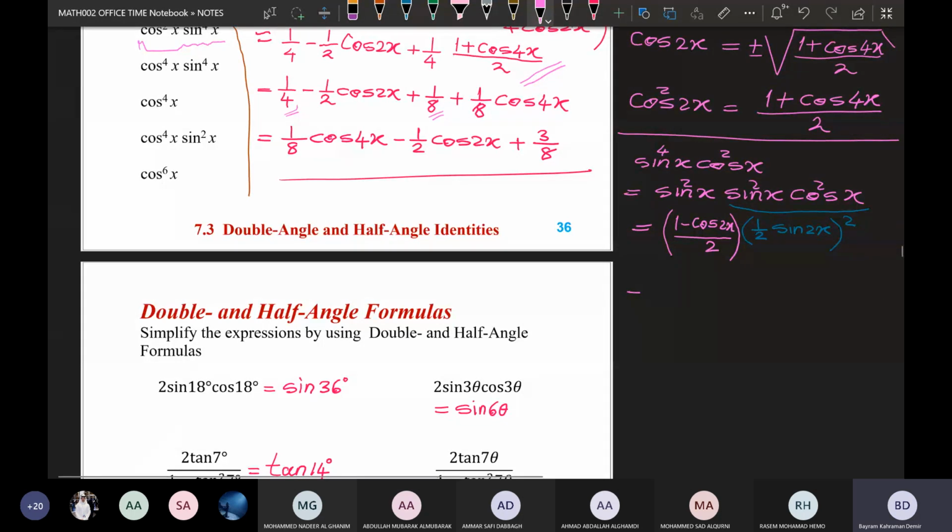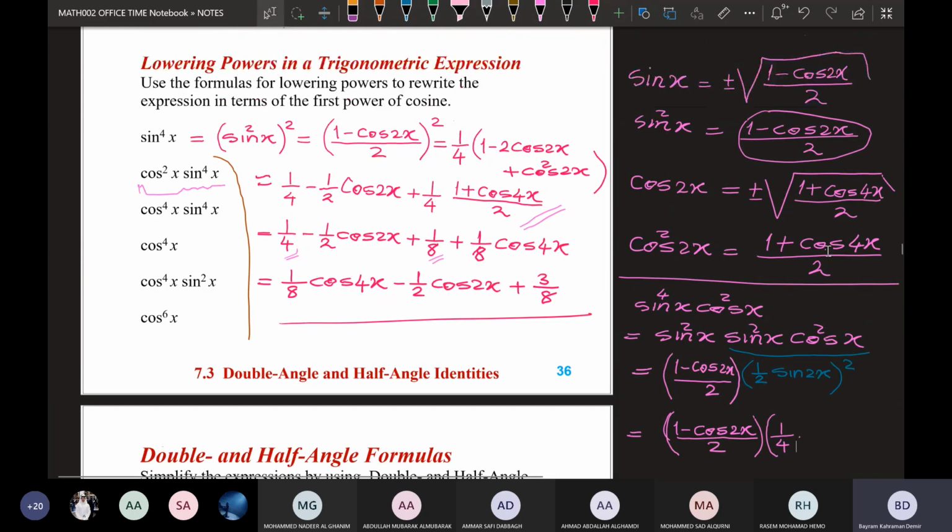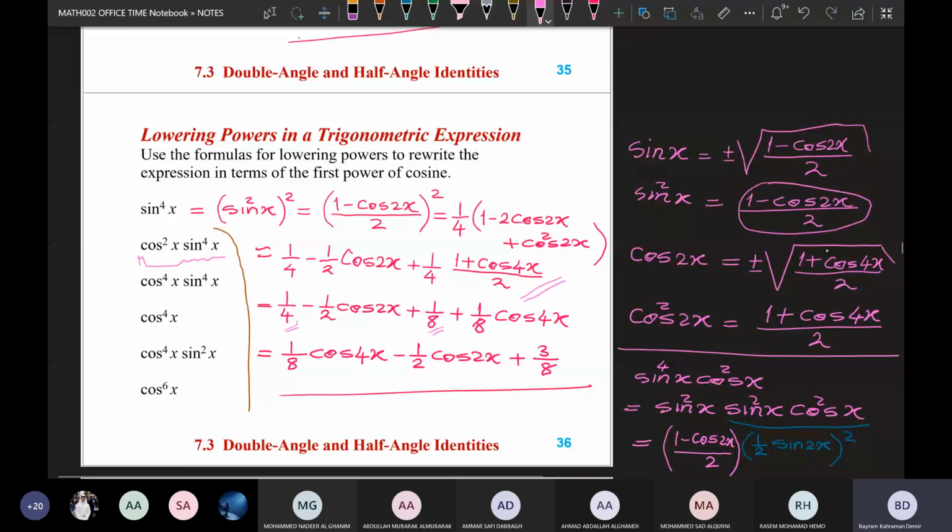So let's continue. 1 minus cosine 2x over 2, times, 1 over 2 square is 1 over 4, and sine square of 2x, again, let's go back to here, Shabab. If you have a 2x here, then you are going to get cosine 4x on the other side, right?